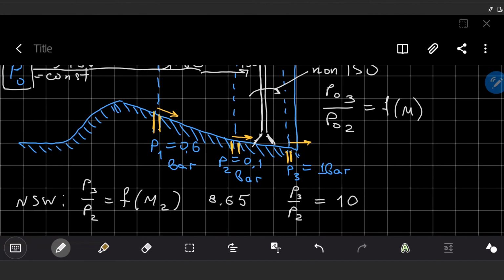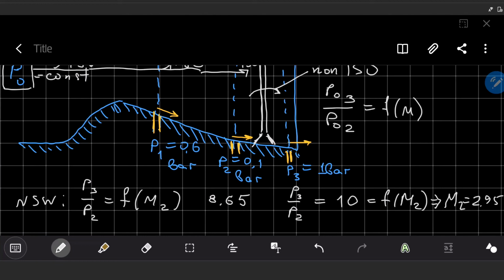So we have 10 times pressurized. And this is some function of Mach number 2. And from here I will see that my Mach number 2 from this formula would be equal to 2.95. So this is my M2.